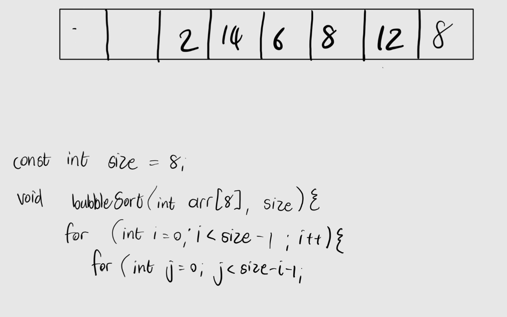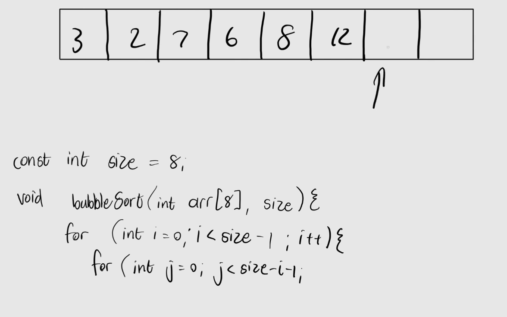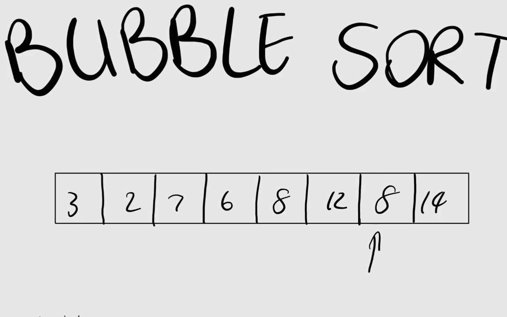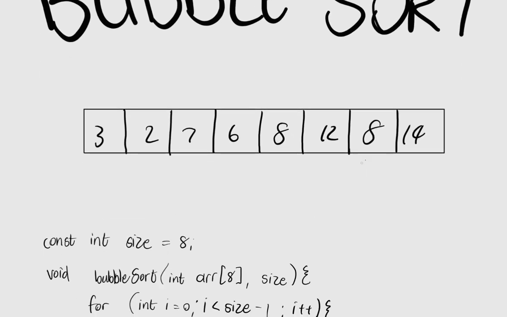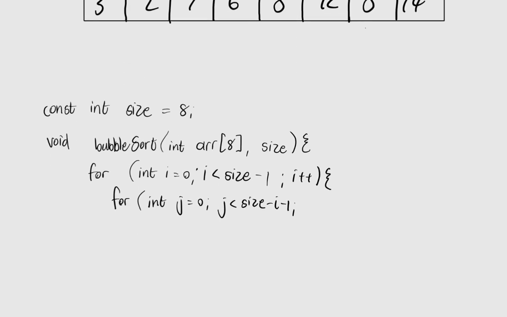So it goes here, compares, swaps, goes there, compares, swaps, goes there, compares, doesn't swap, goes here, compares, swaps. Notice how the 14 goes towards the end. Checks, swaps, checks, swaps, checks, swaps. Notice how the 14 gets to the end, right? And that same thing happens on the next iteration. The next biggest number will end up here, then the next biggest, and that's basically how bubble sort works.